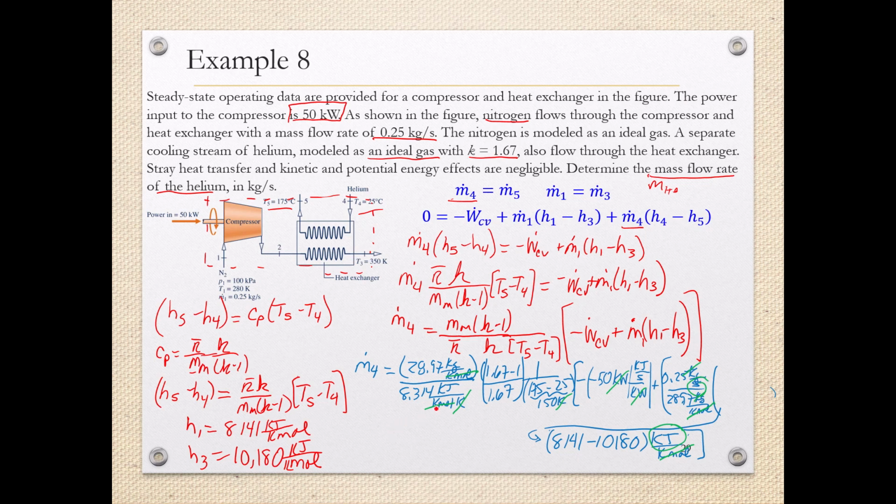Then our kilojoules are going to cancel here, and we're going to get kilograms over seconds. So when we solve for M4, we put our values in, we should get a value of 0.04095 kilograms per second.